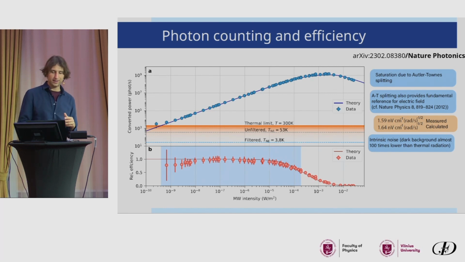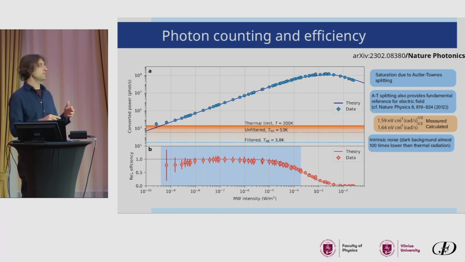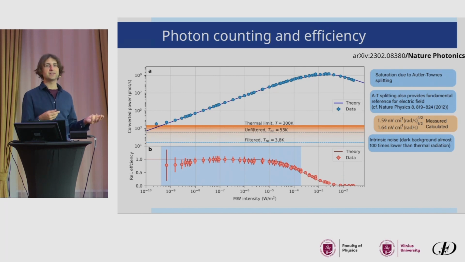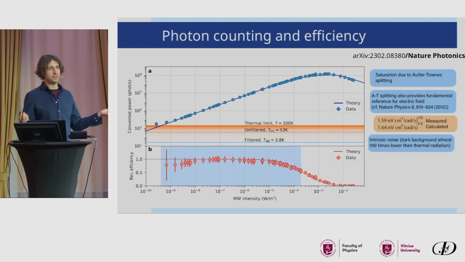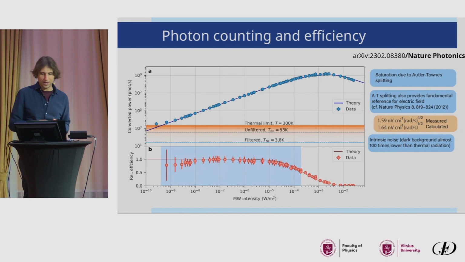So you can calculate it from 2 different considerations. First of all, you calibrate using Autler-Townes splitting, and then you know your attenuation. On the other hand, you can simply predict what's the thermal radiation level at 300 Kelvin. That's just thermodynamics.